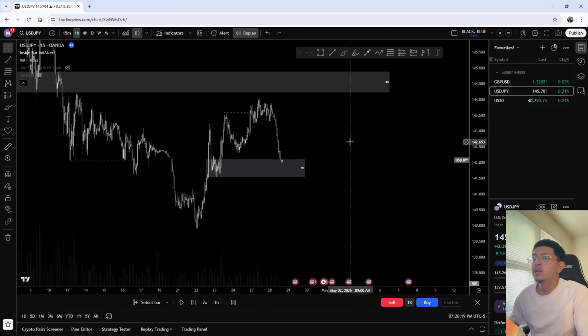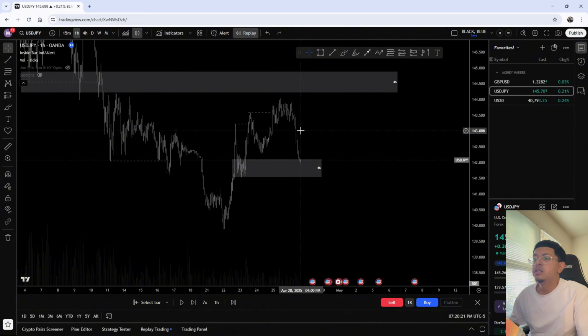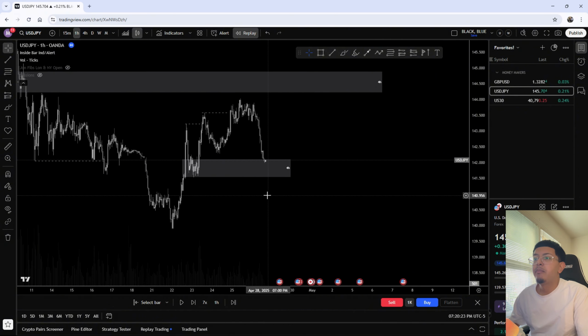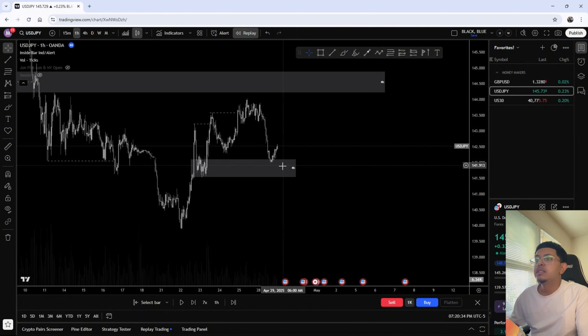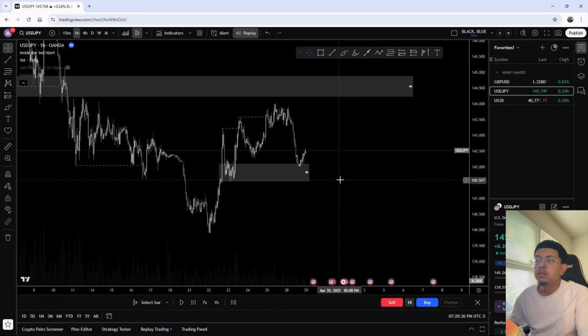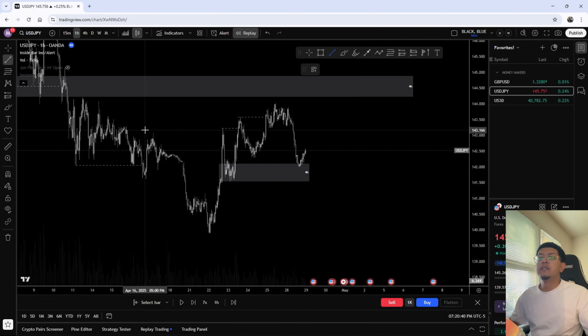Moving on to USD JPY, the next morning on Tuesday. We're sitting at this area. We get a push off this zone, and I see that this is a 4-hour demand. I marked it up. Also, we have a change of character right here up in this level.